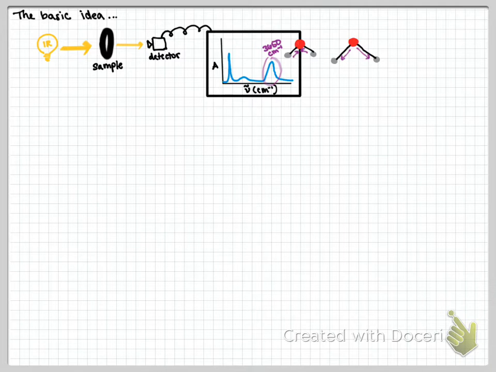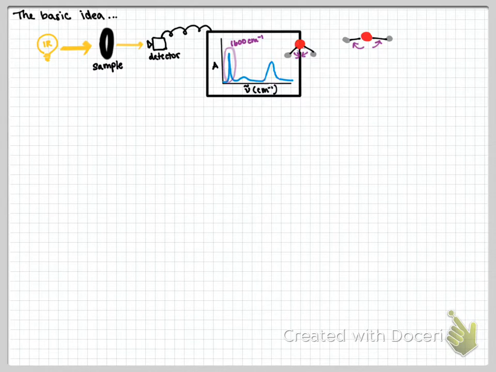So we can think about around 3600, we have stretching motions where those hydrogens are stretching away and then back towards the oxygen atom. And around 1600, we have another motion, which is the bending motion of water. So now we can think about those hydrogens coming closer together or further apart, making the angle of the hydrogen-oxygen-hydrogen change. So it's bending back and forth.